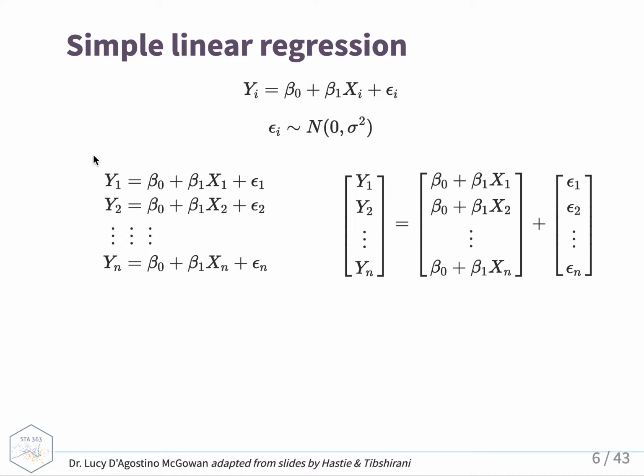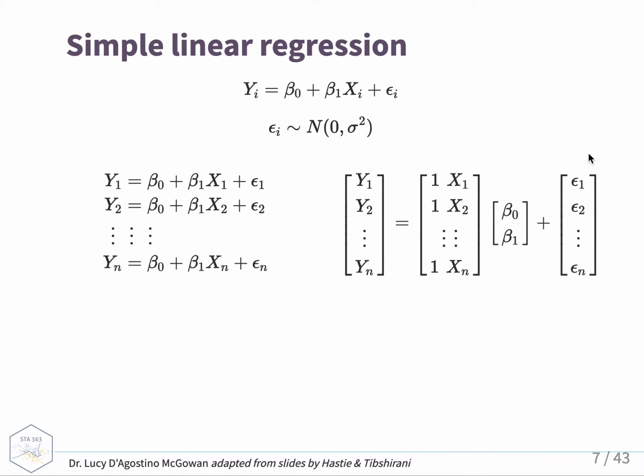And so we can write this like a matrix, like this. Instead of writing y1 equal to these different linear equations, we can write it like this, where the vector of y, so this is a vector with n components. We've got one column and n observations, and that's going to be equal to this object here, beta 0 plus beta 1 x, plus a vector of our error terms.